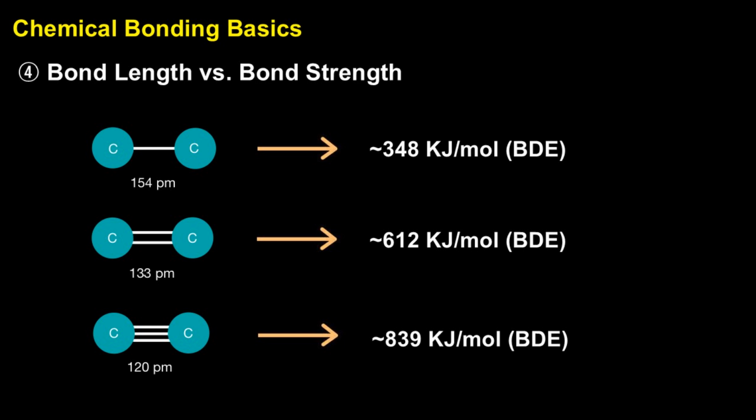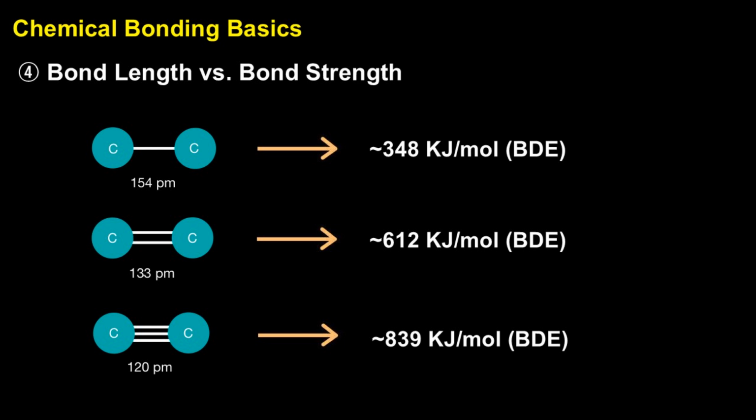And this isn't just a general trend. We can actually see it in the numbers. It's supported by bond dissociation energy, or BDE, which tells us how much energy is needed to break a bond. For carbon-carbon bonds, a single bond between two sp3 hybridized carbons has a bond dissociation energy of about 348 kilojoules per mole.